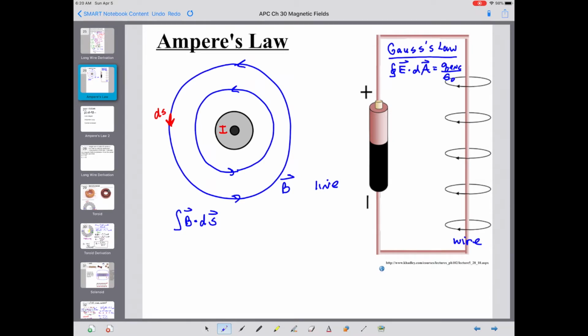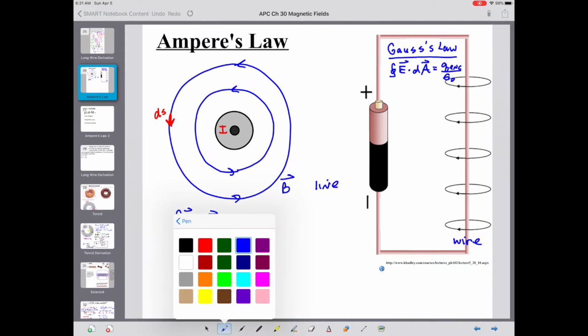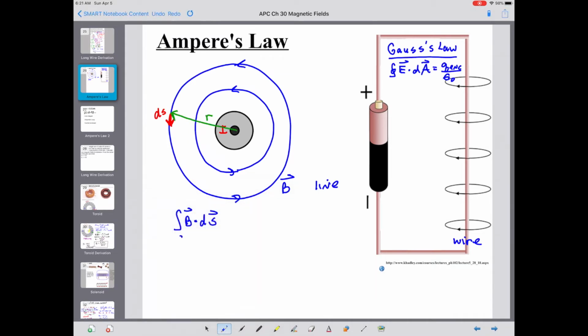So if we consider the integral of B dot ds, at this location r, we have an equation to calculate what that B is. From our Biot-Savart law, we know this is mu naught I over 2 pi r, dotted into ds.